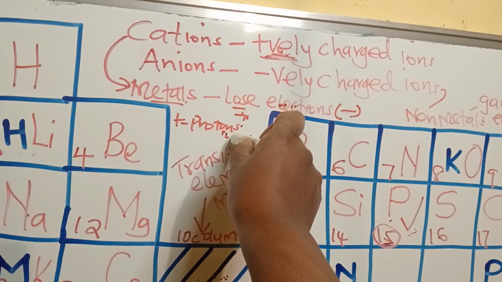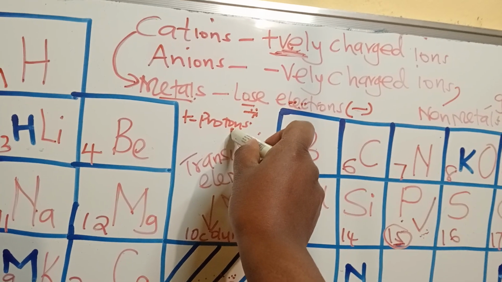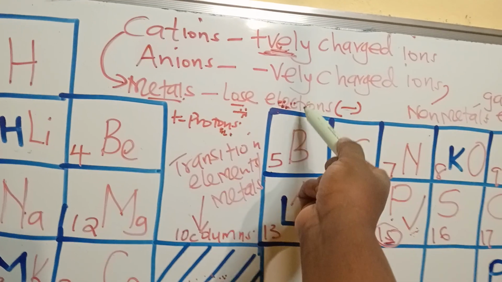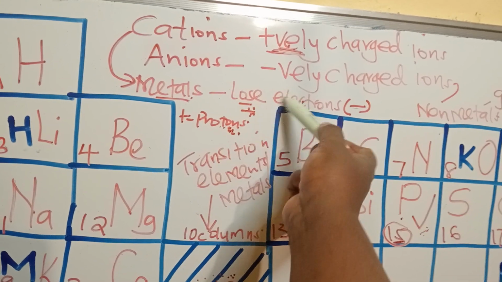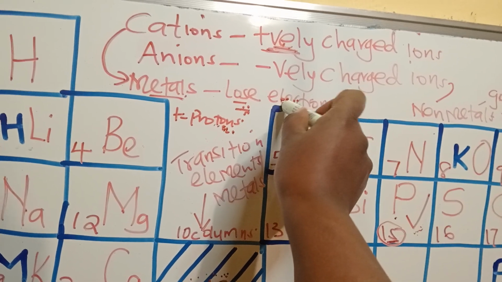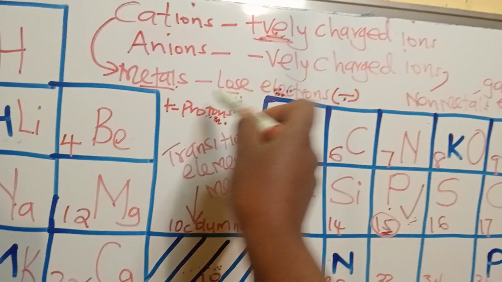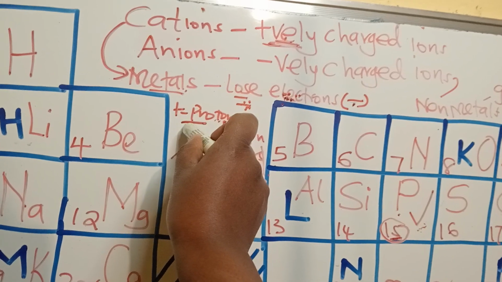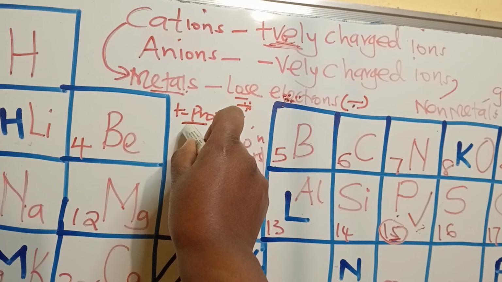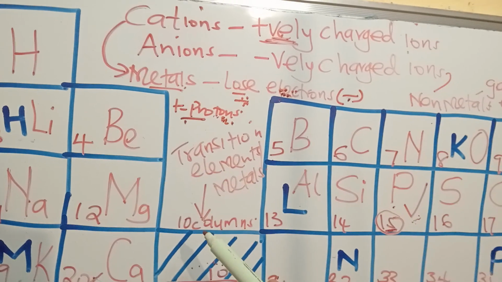So meaning, for a metal, now that the electrons and the protons were equal, if a metal loses an electron, either one or many, it will have fewer electrons, the negatives, and so there will be extra positives on the metal at the end of the reaction. So metals end up with extra positive charges.